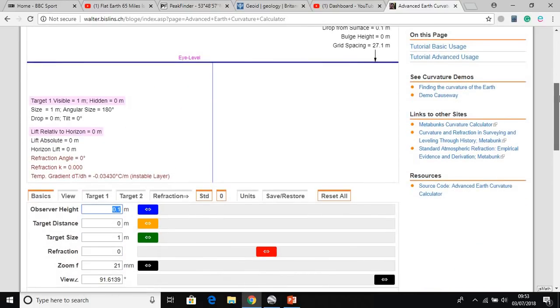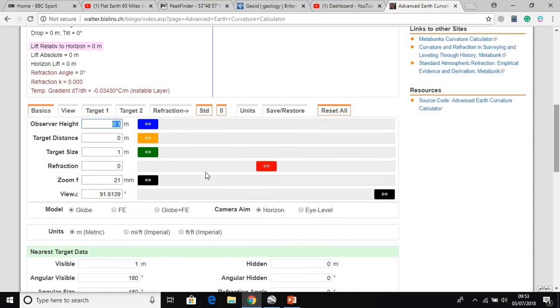But we now have this calculator, and we've set it for the globe, and we're going to set our observer height at 0.1 meters. So that's just a few inches, about 4 inches. In fact, I think I'll put it at 0.2 because that's a little bit more realistic. Still less than a foot above the ground.